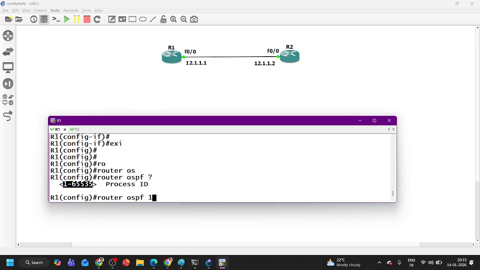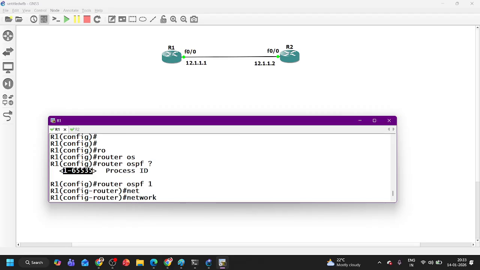Router OSPF 1. And like we enable any other dynamic routing protocol through the network command, I am going to use the network command here to enable OSPF on FastEthernet 0/0. Network 12.1.1.0, wildcard mask 0.0.0.255, and then area, in which area you want to place this interface.